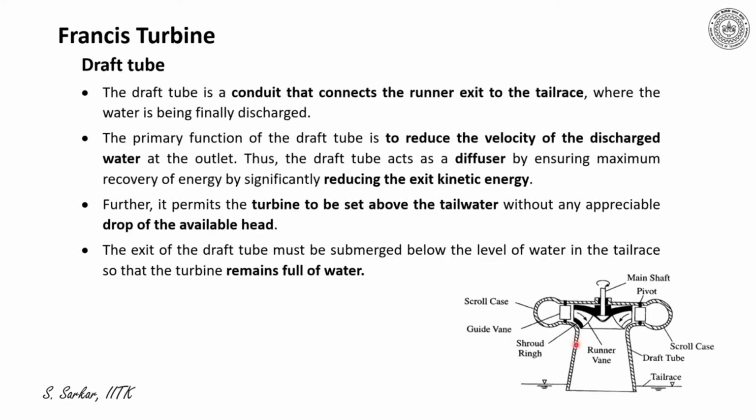The draft tube, as indicated here, is a conduit that connects the runner exit to the tail race where water is being finally discharged. The primary function of the draft tube is to reduce the velocity of the discharged water at the outlet. Thus, the draft tube acts as a diffuser by ensuring maximum recovery of energy by significantly reducing the exit kinetic energy.